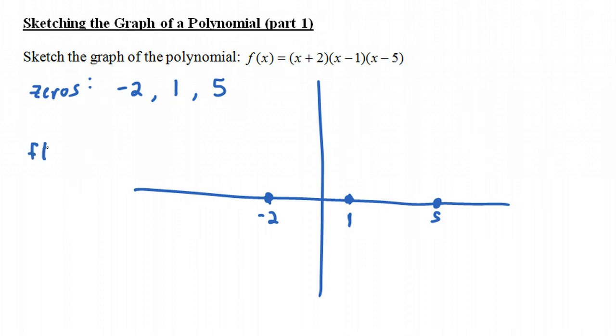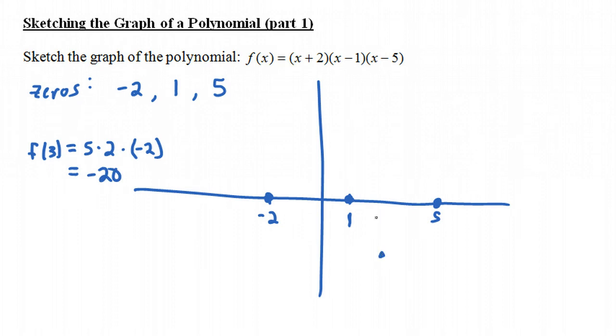Let's try 3. If we plugged in 3, we would get 5 times 2 times -2, I believe. Yeah. And what's 5 times 2 times -2? That's 10 times -2, which is -20. So if we plug in 3, we'd be down here at (3, -20).